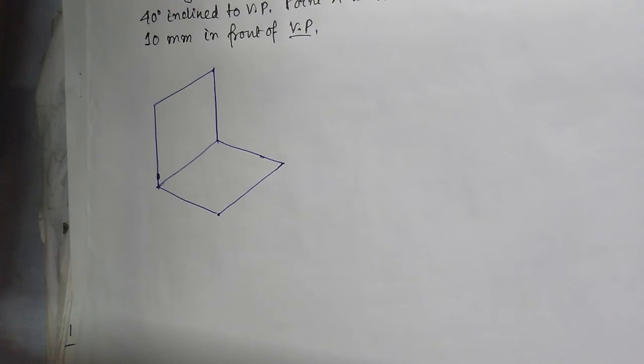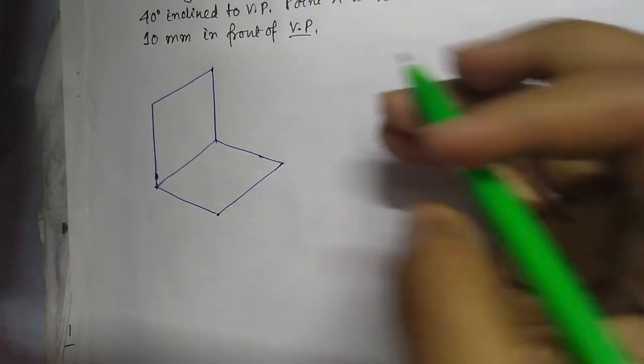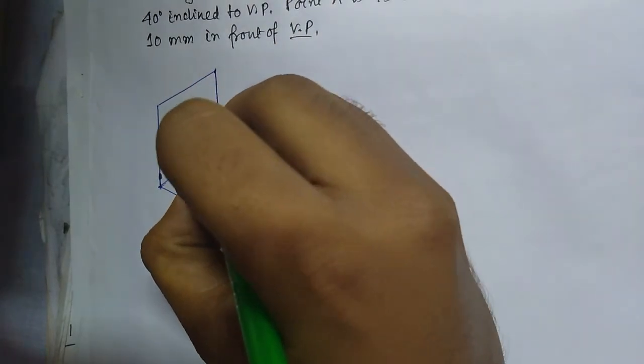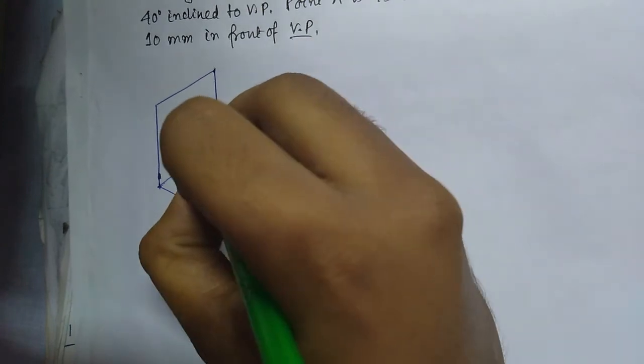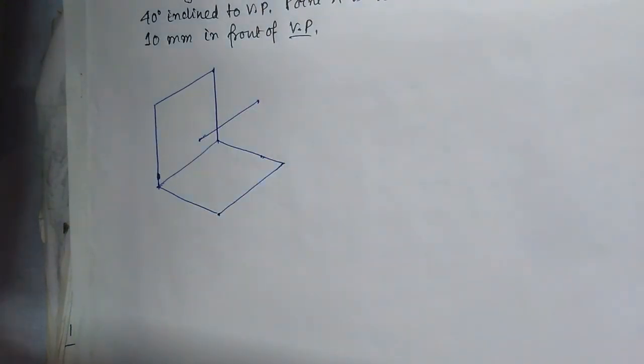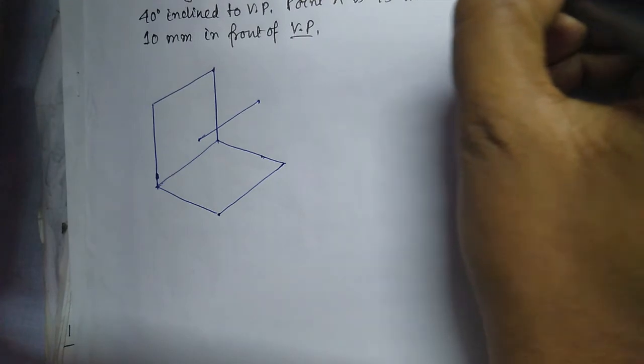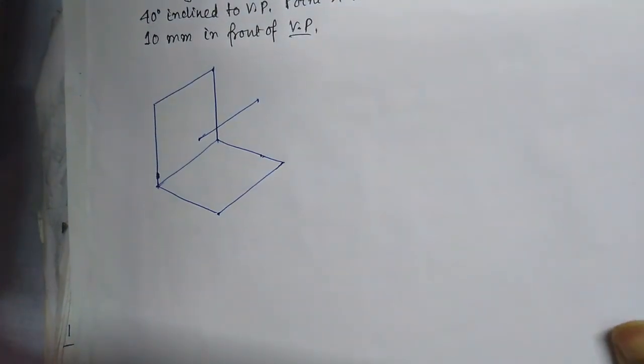So first draw the straight line. Suppose this straight line is parallel to both the planes, then we will rotate it by 30 degree with respect to horizontal plane.